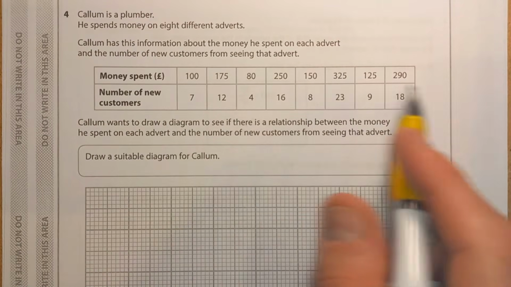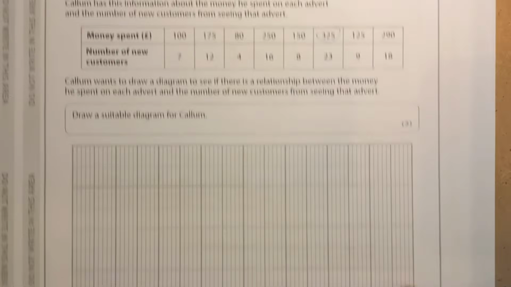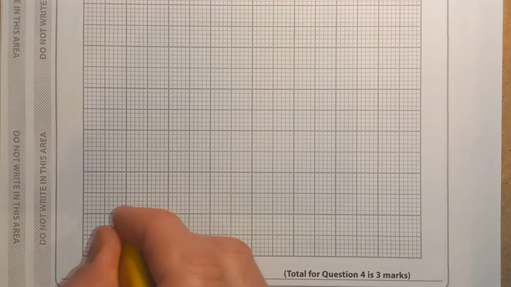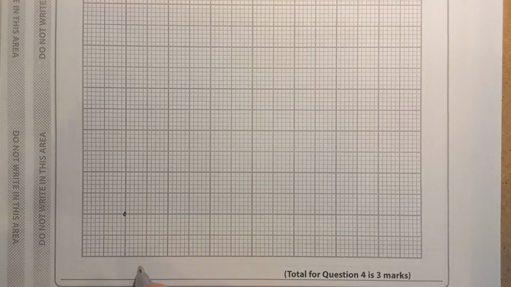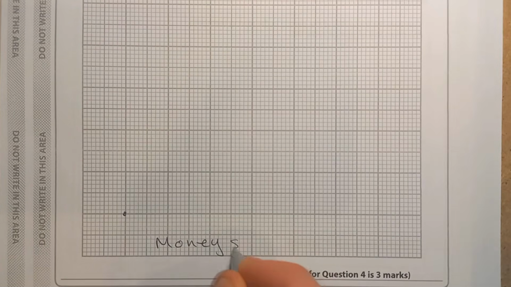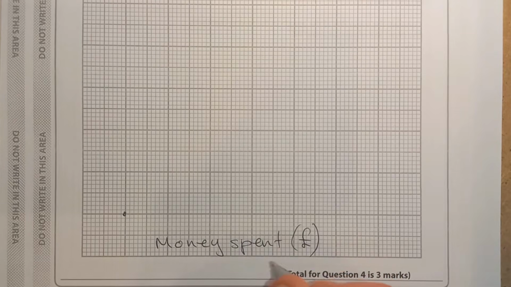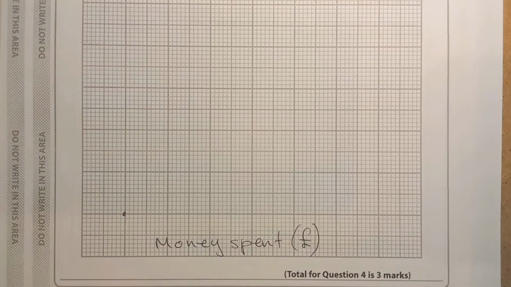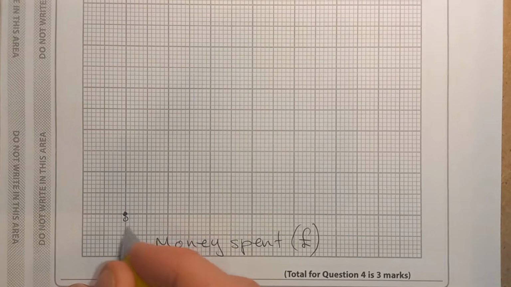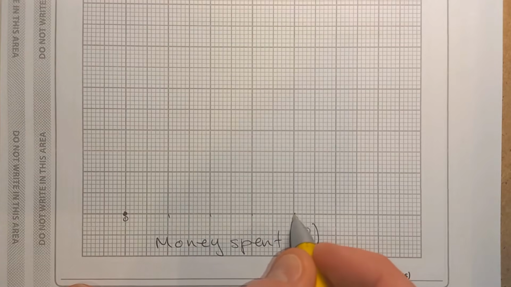So we've got money spent, and the biggest value we've got is 325. So if we start our graph here, we're going to have money spent. That's going to be in pounds. And we had a value of 325. Well, we can probably say, if this is 0 here, we could have 100, 200, 300, 400.